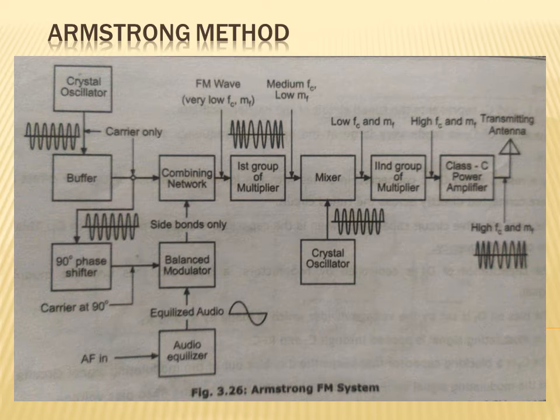Next one is the combining network. This combining network has two inputs. First one is the amplified carrier signal, and second is the sideband signal.